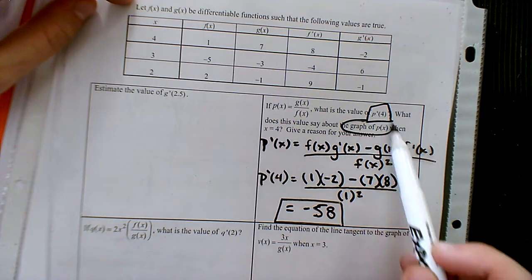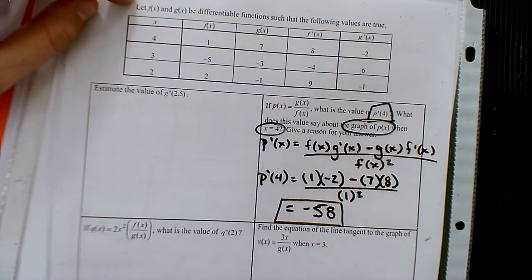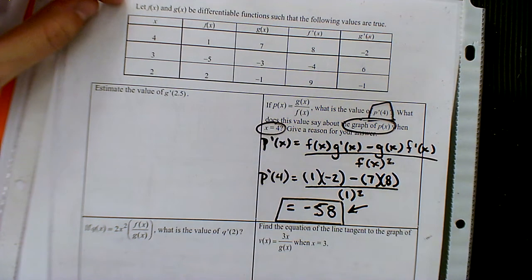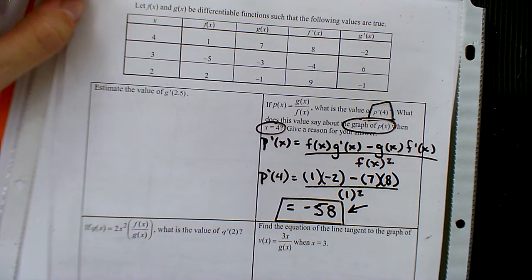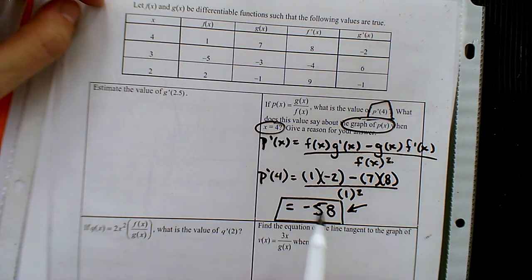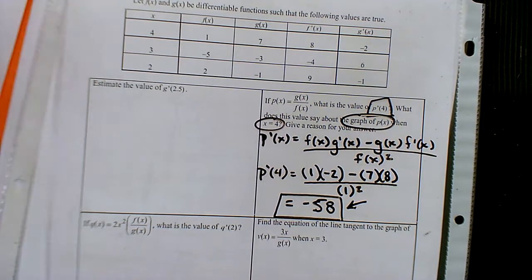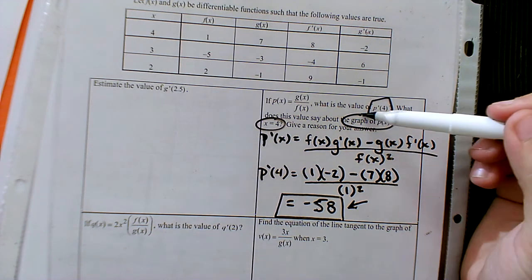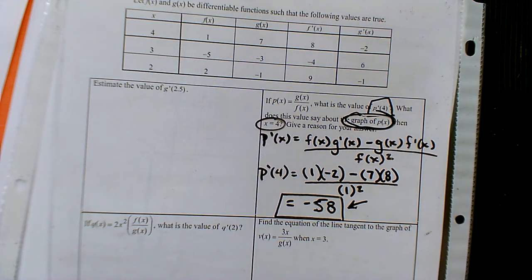What does that say about the graph of p of x at this spot of 4? Can we interpret it? What do you think, Tyler? It goes up 58 over 1. Oh, or down 58, sorry. It goes down 58 over 1. So it's a very steep negative slope. So if it's a steep negative slope, how is your graph behaving?